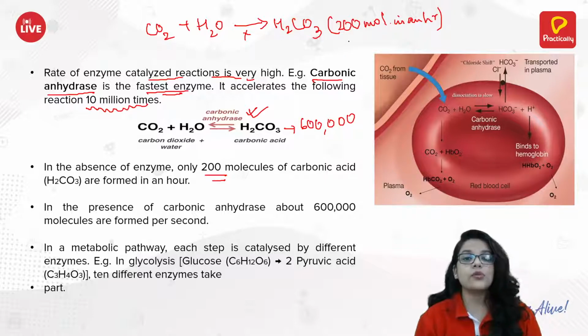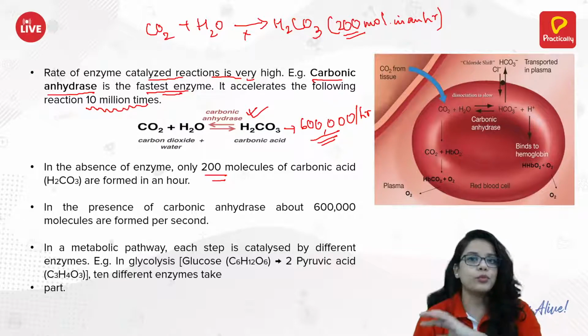So without the enzyme, it is just 200, and with carbonic anhydrase, it is 600,000 molecules per hour. So you can think how fast it is, because within an hour, it is forming 600,000 molecules.